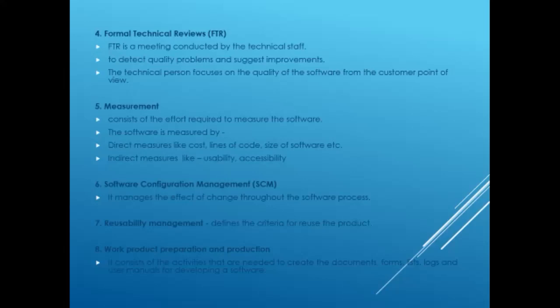It manages the effect of change throughout the software process. Reusability management defines the criteria for reuse of the product. Work product preparation and production consists of the activities that are needed to create the documents, forms, lists, logs, and user manuals for developing software.